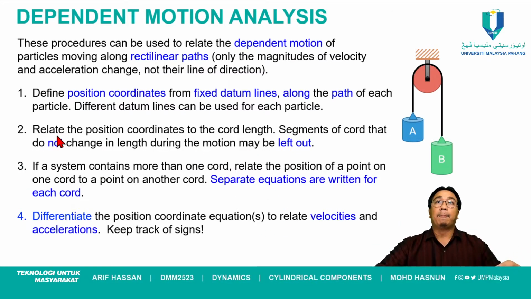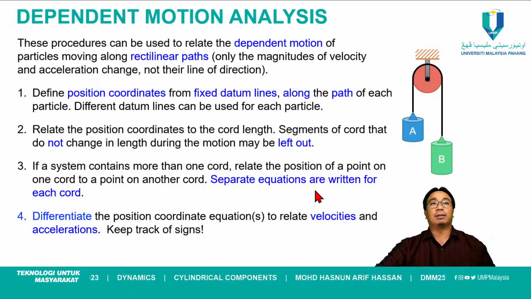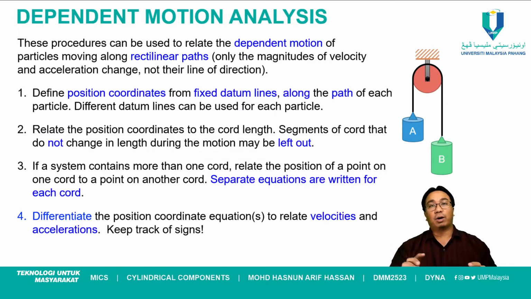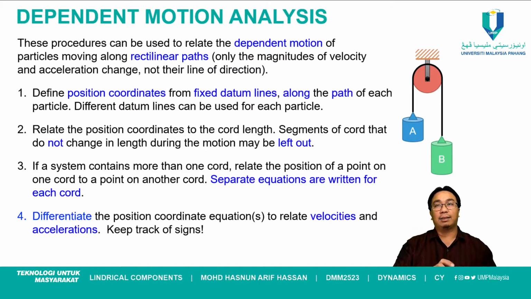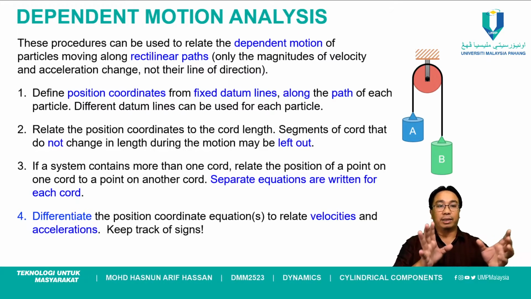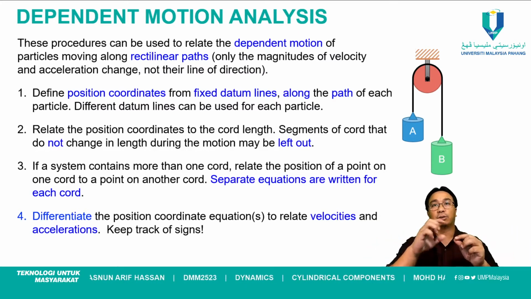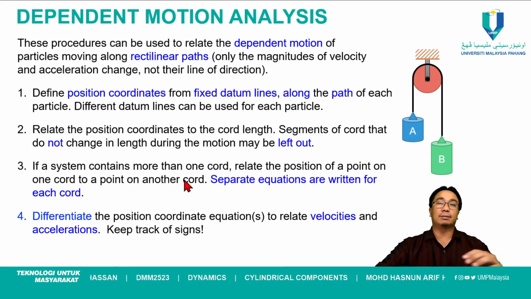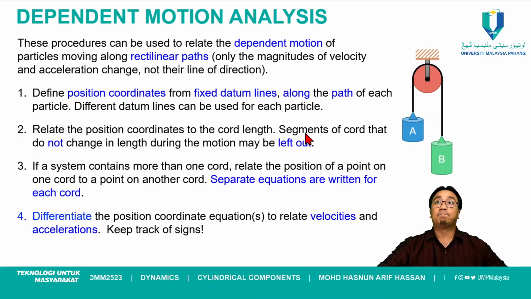Related to that, relate the position coordinate to chord length. This is what we did earlier. We find the total length of the rope, LT, and we make a relationship with SA, SB, and also the constant length. Okay, that is the second step.